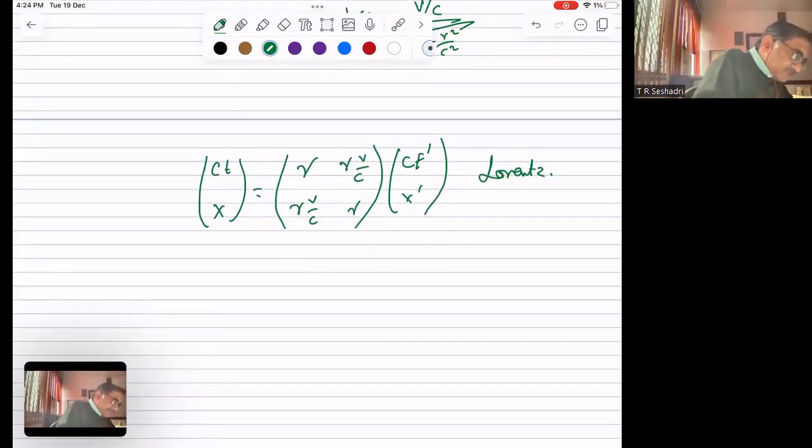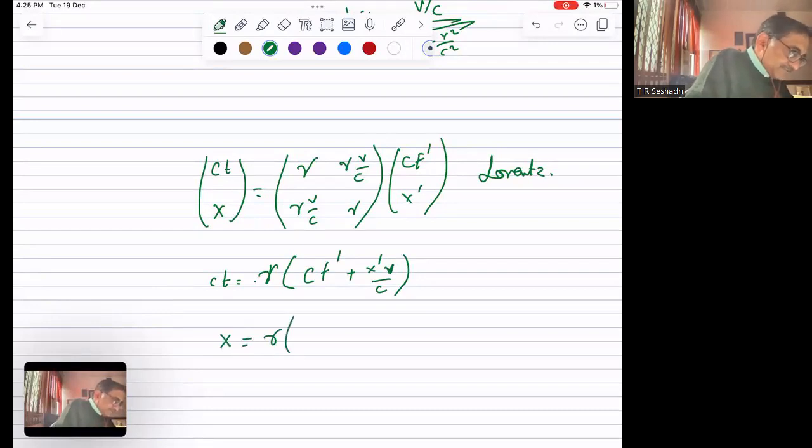So you have Ct is equal to gamma times Ct prime plus x prime v by c, and x is equal to gamma times v t prime plus x prime.